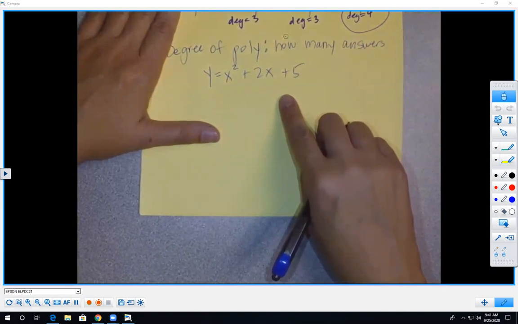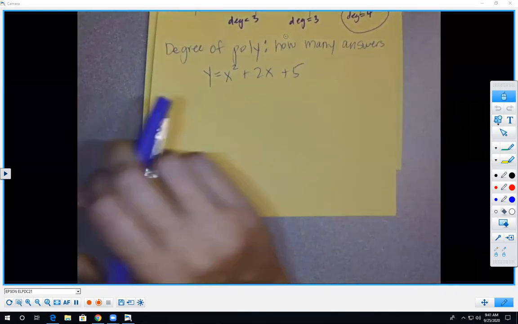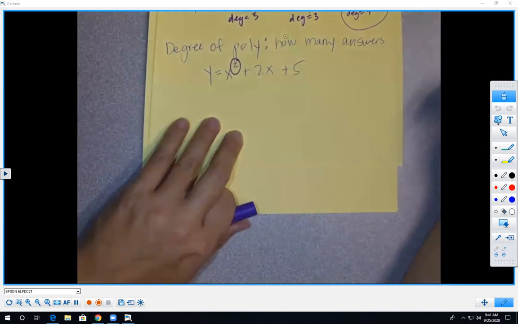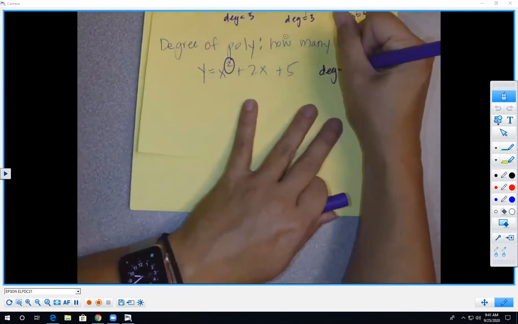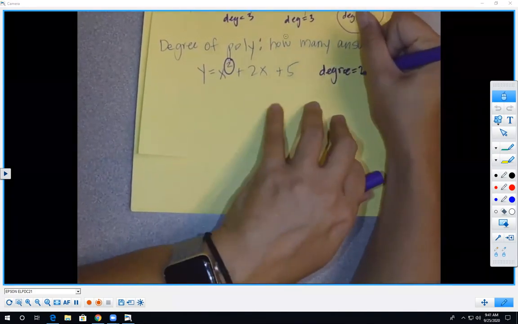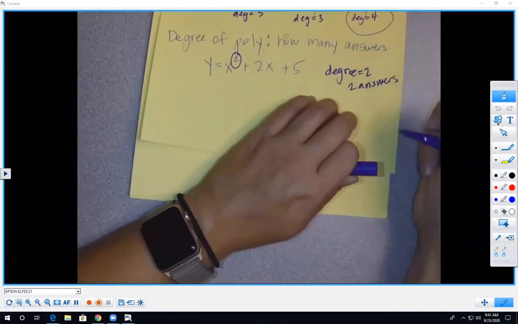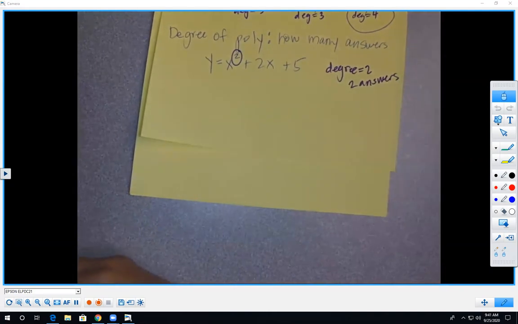Because it's quadratic, and all of our problems had 2 answers. What's the degree of a quadratic? 2, right? So the degree is 2, so we have 2 answers. The number of answers you have is the degree of your equation. Questions about that?